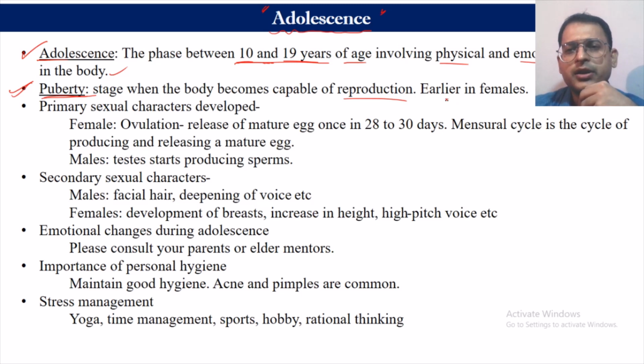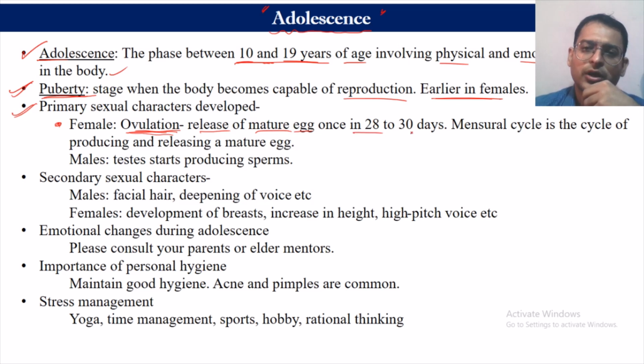Generally this occurs earlier in females. What are the primary sexual characters developed in females? There is the onset of ovulation. Ovulation means the release of a mature egg. This happens once in 28 to 30 days.